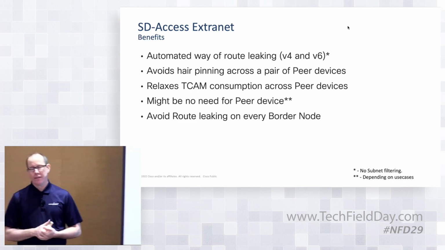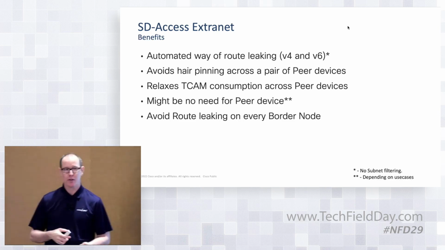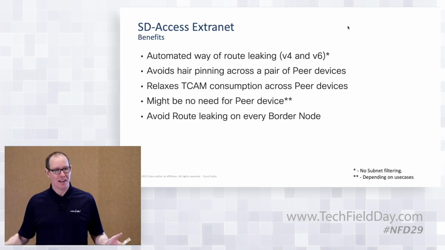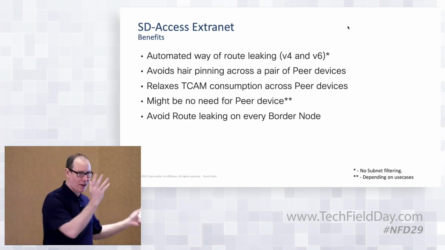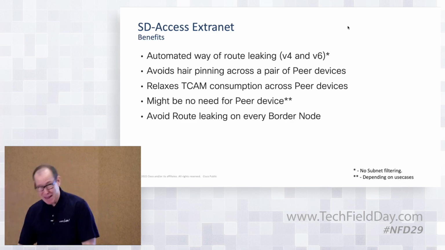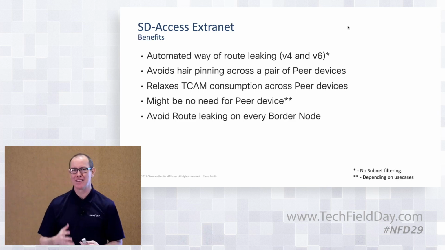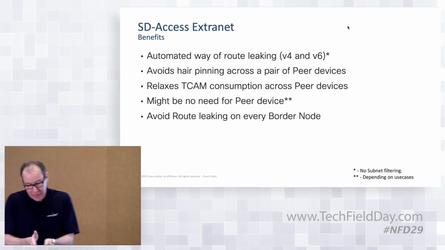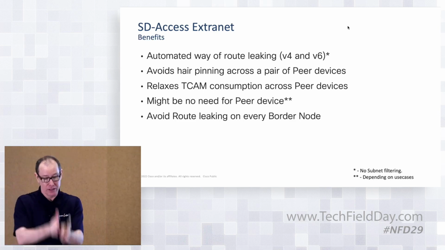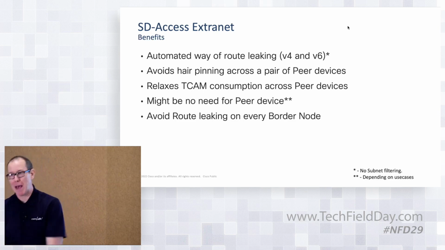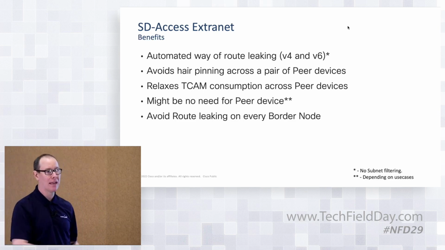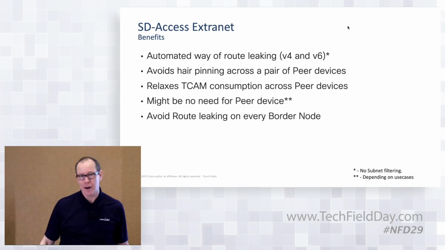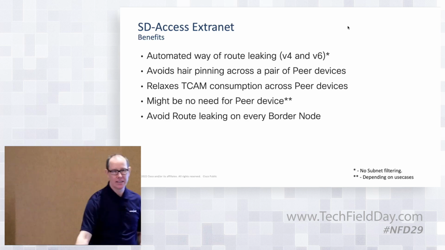Might not have a need for a peer device. So this one, you have to be careful. A lot of people, when they first see this, go, awesome, I can get rid of the fusion or the router and this and that. Maybe, not always. It really depends on the use case. If your organization is set up such that you've got VNs already established across an MPLS backbone and you want to do a one-for-one mapping, it might be better just to keep that and do your route leaking somewhere else, on a firewall or something else that's already set up to do that.